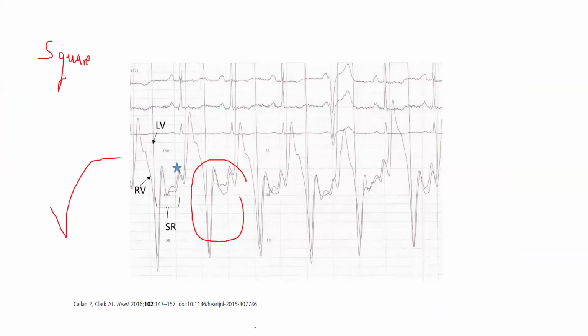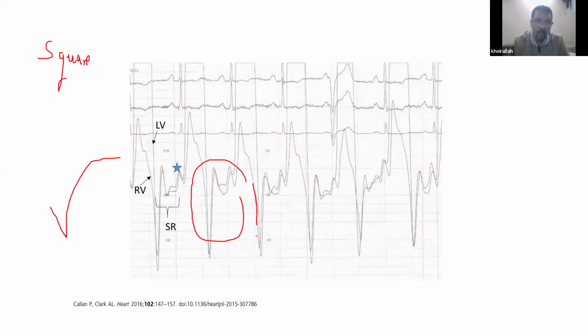Sometimes they also call it dip and plateau: there is a dip, like this, and then a plateau. Whether it is called the square root sign or dip and plateau, it's the same.